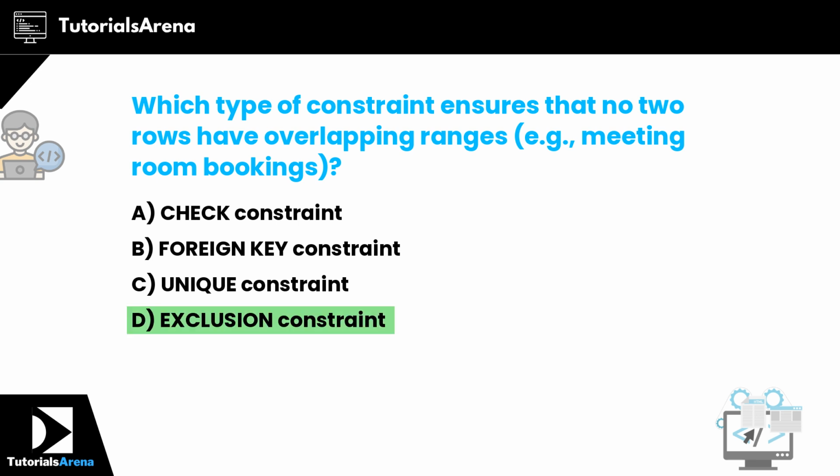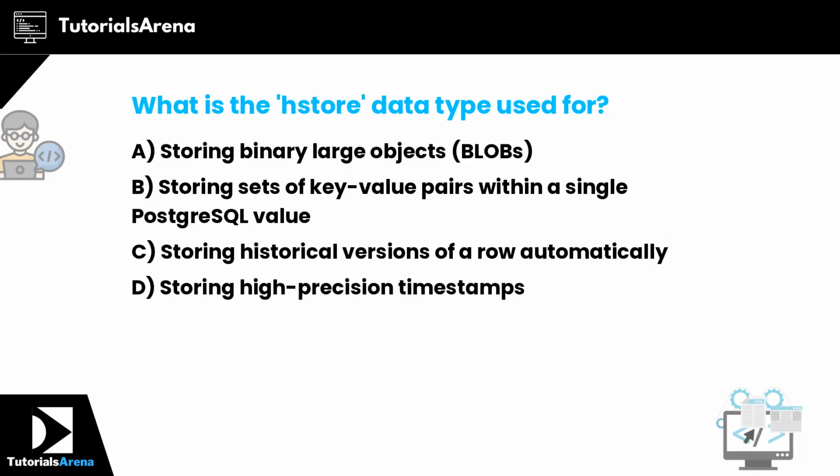The correct answer is option D, exclusion constraint. What is the hstore data type used for? The correct answer is option B, storing sets of key-value pairs within a single PostgreSQL value.